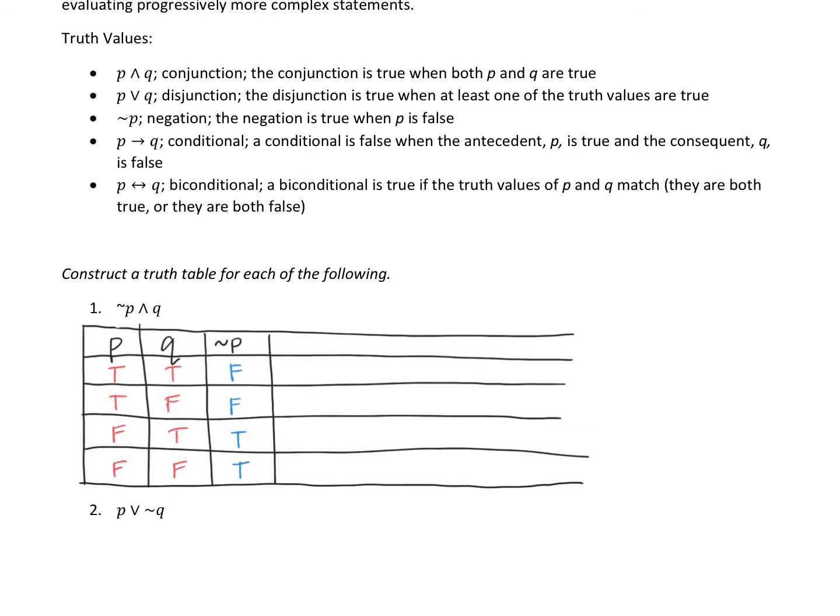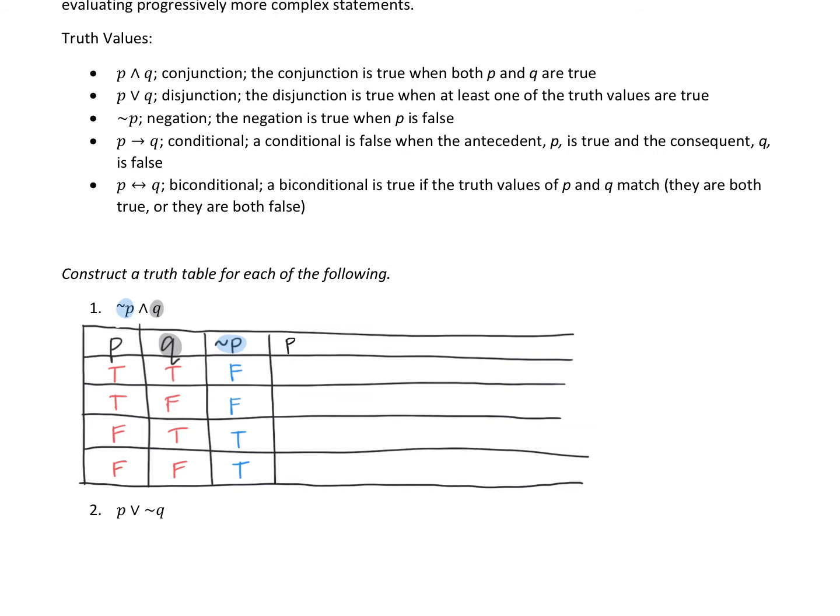So now that we have a not P column and we have a Q column, here's our Q, here's our not P. Once we have a column for each side of the larger statement, we can combine them together.